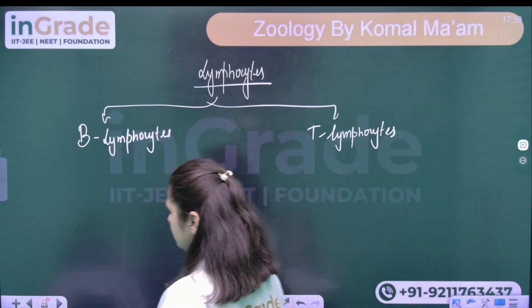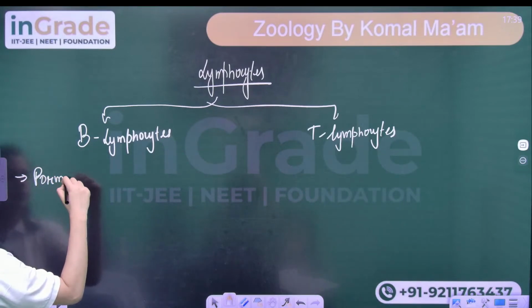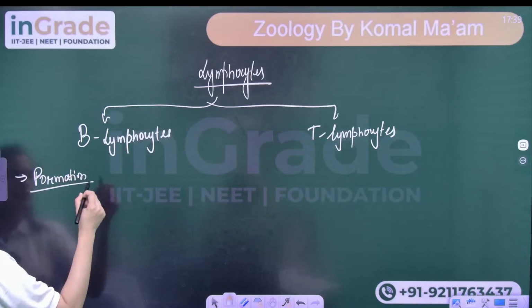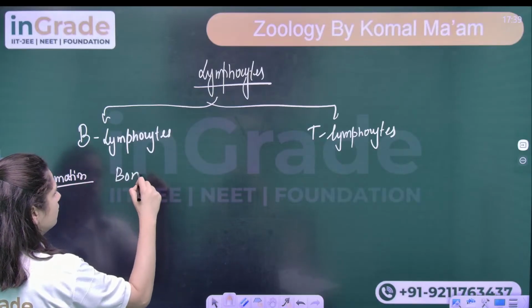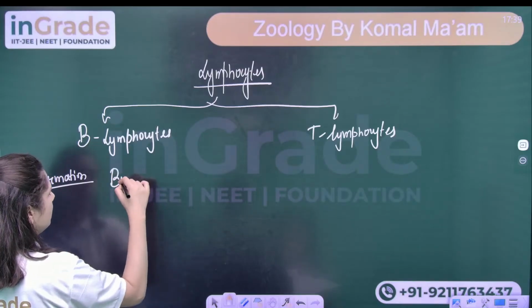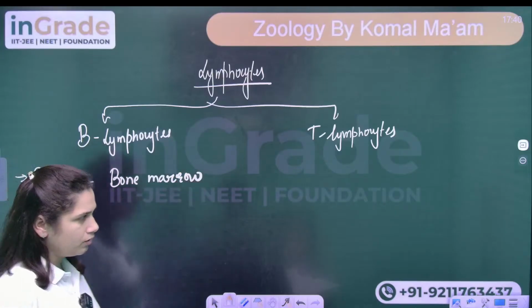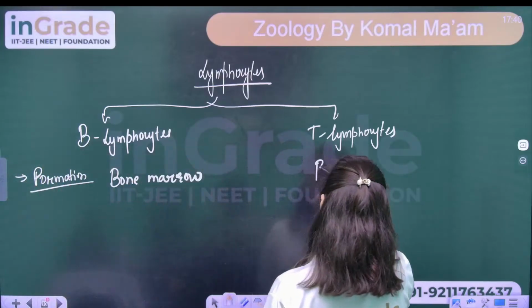Both are formed in bone marrow. Where are both formed? Both are formed in bone marrow. This is formed in bone marrow and this is also formed in bone marrow.